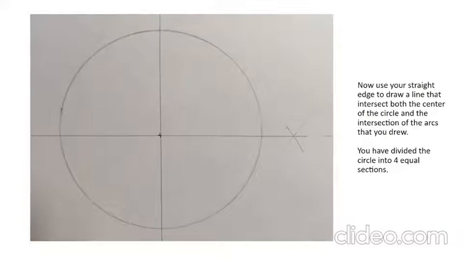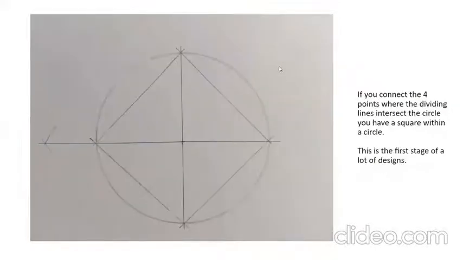So for this one, we're just going to connect up each of the intersections along the curve of the circle. And that, of course, is going to give us a square within the circle. Each of the intersections are just connected to each other. This is the first stage for a lot of designs.